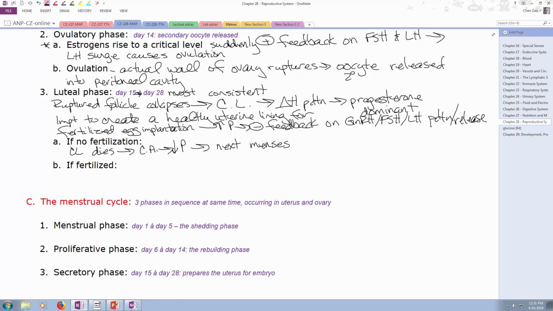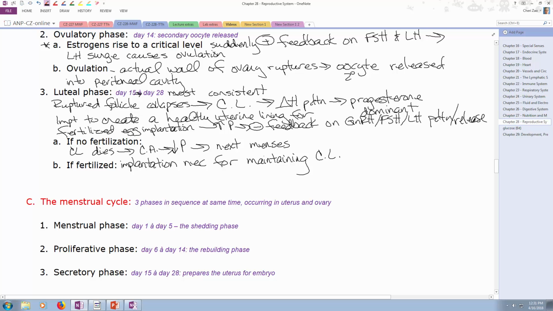Okay, so if fertilized, that means implantation is necessary for maintaining CL, the corpus luteum.